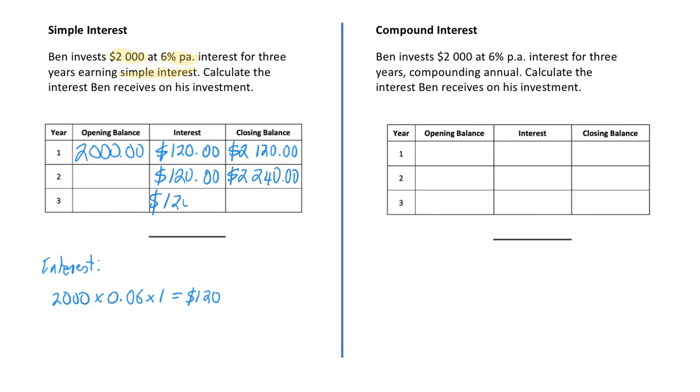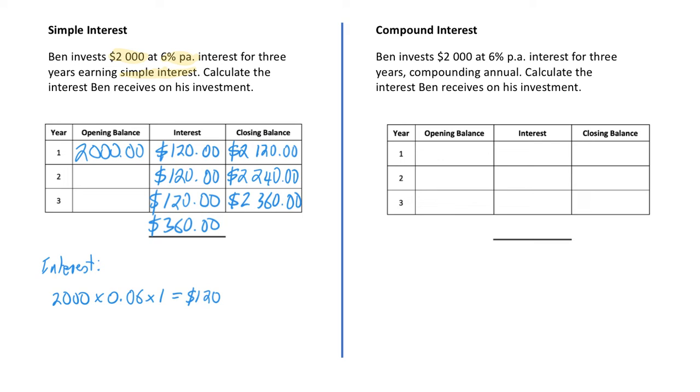It'll be another $120, so that's going to be $2,360. So over the 3 years, earning that same amount of interest each year of $120, Ben's interest is going to be $360 over the 3 years. So that's when the interest is being calculated using simple interest.